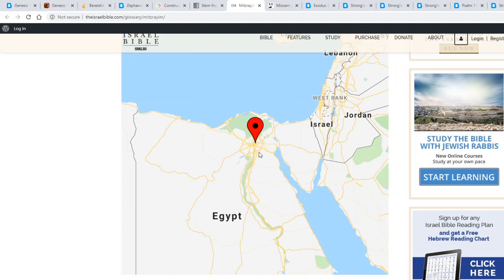It sounds similar, so that's what it was called in Hebrew, right? And then the doubling, Mitzrayim, making it a plural noun, shows that there were really two Egypts, Upper Egypt and Lower Egypt, and Mitzri, right, means an Egyptian. So Mitzrayim is kind of implying the double, the Upper Egypt and Lower Egypt.